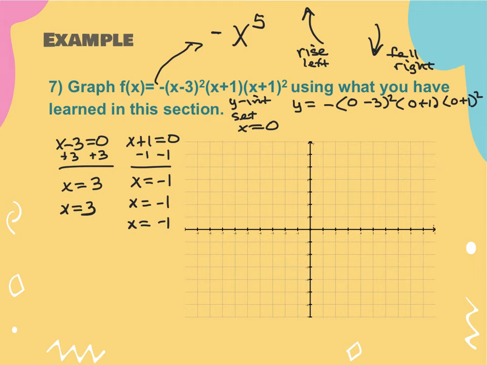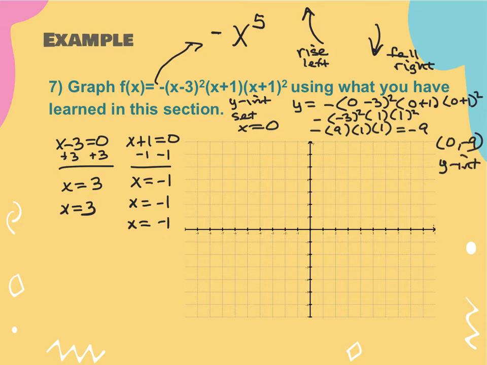And then I'm going to solve this. Negative 3 squared is 9. 1 times 1 is 1. And then this just gives me my y-intercept is going to equal (0, -9). So I actually have to plug in the 0 and solve it to get the y-intercept.